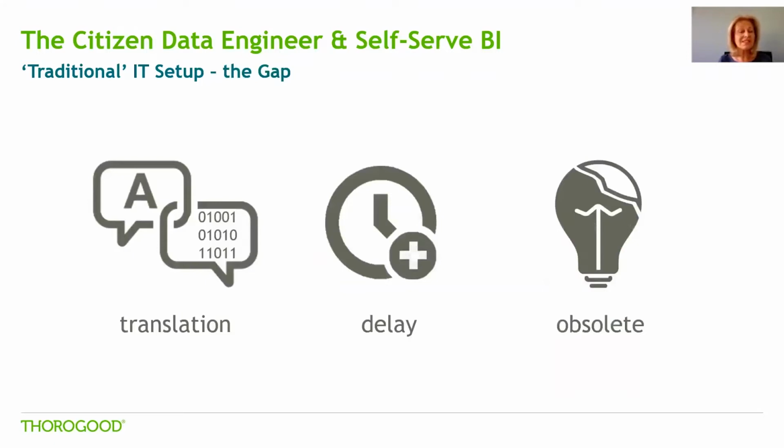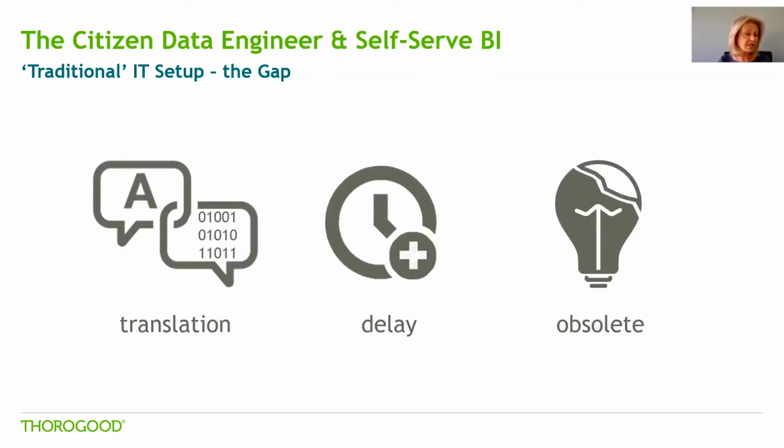Firstly, there was a need to translate a business requirement for a BI or analytics visualization or analysis into an IT solution. And that quite often included quite a lot of people. You might have had an architect, a data engineer, a business analyst, some people who are going to build the solution, big teams building stuff.